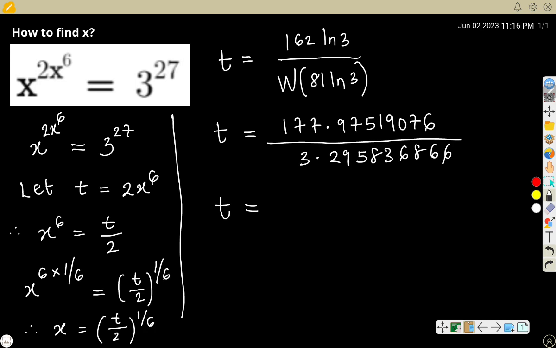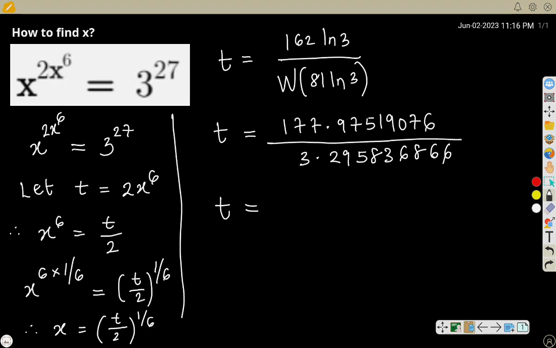So T is equal to 177.97519076 divided by 3.29583686.